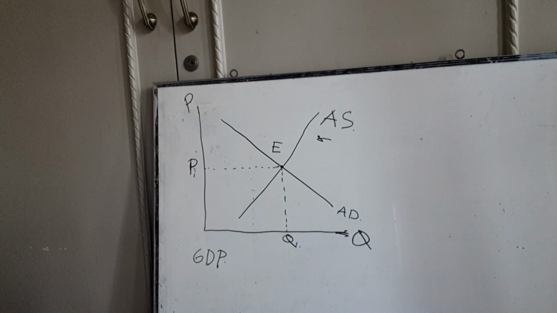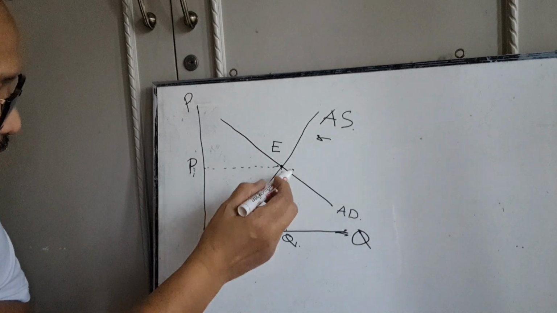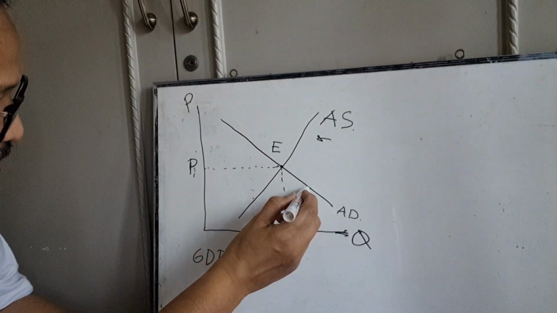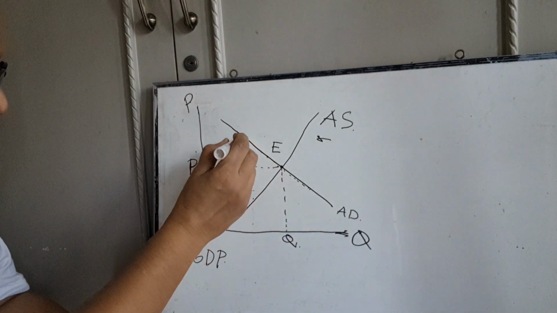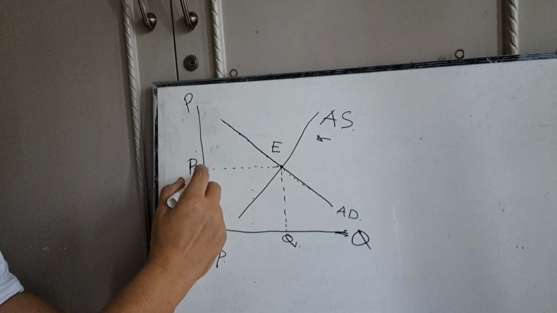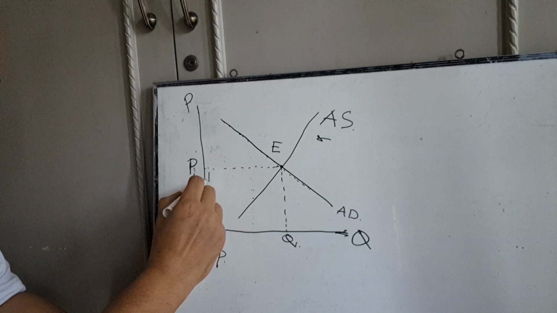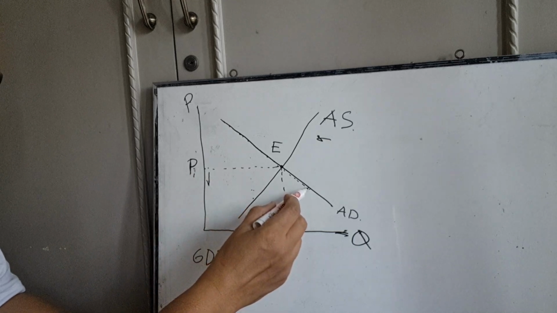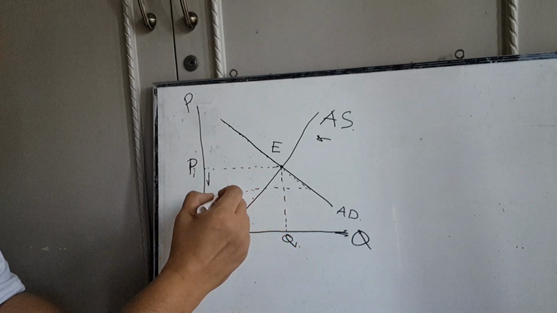In this section, I also want to explain what makes the aggregate demand move along this curve. The aggregate demand moves along this curve because of the price. If the price decreases, then the aggregate demand will also decrease here.